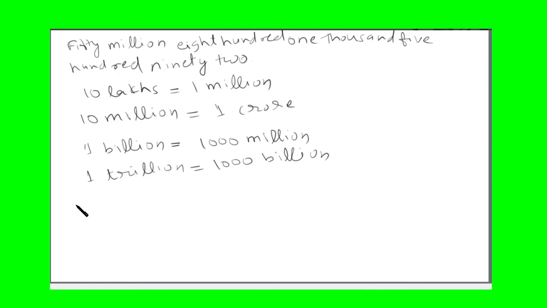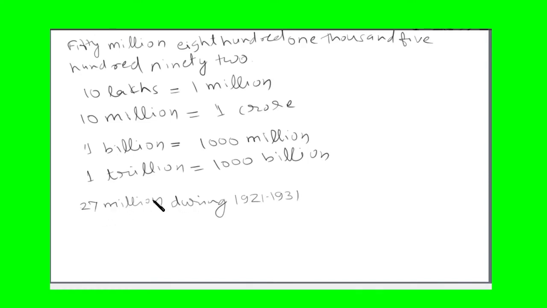So India's population increased by about 27 million during 1921 to 1931.